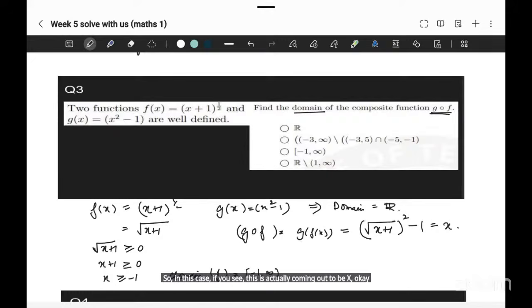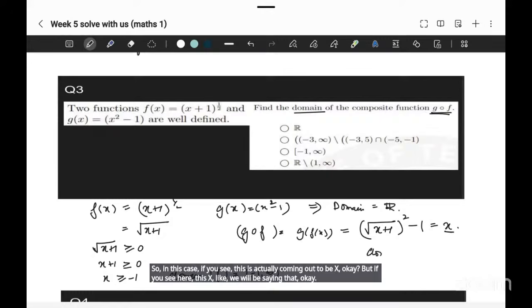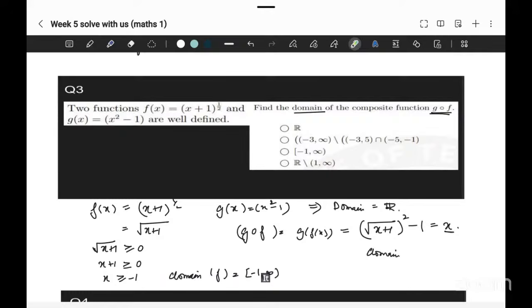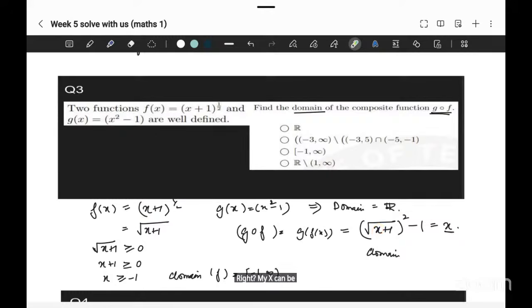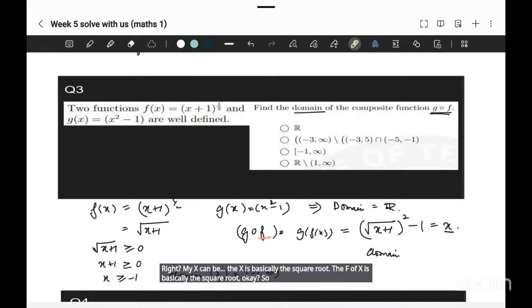But if you see here, this x, we would say the domain will be R. But you also remember that it is g of f(x), so f is actually including my square root. So I can't include the whole real numbers, because f(x) is basically the square root. I need that my f(x) domain should also exist.